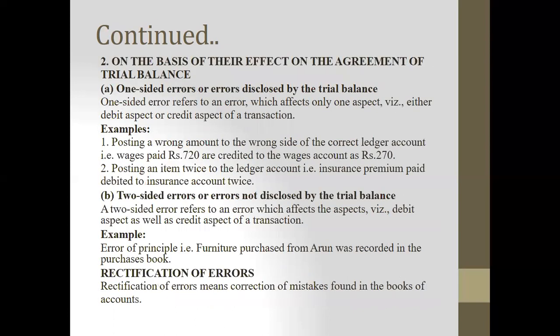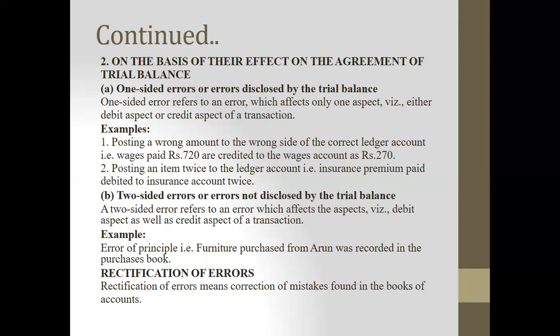The second major classification is on the basis of the effect on the agreement of the trial balance. So it's one-sided errors, or errors disclosed by the trial balance. A one-sided error refers to an error which affects only one aspect, either the debit aspect or the credit aspect, of a transaction. For example, posting a wrong amount to the wrong side of the correct ledger account.